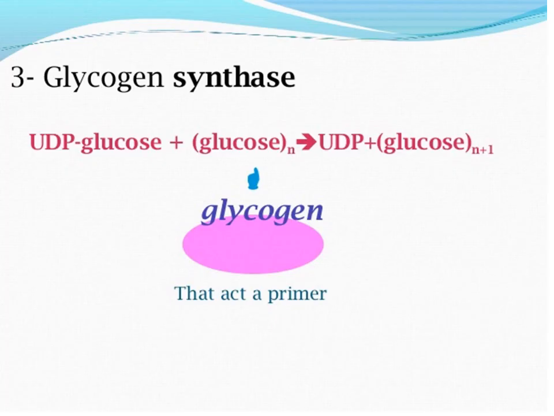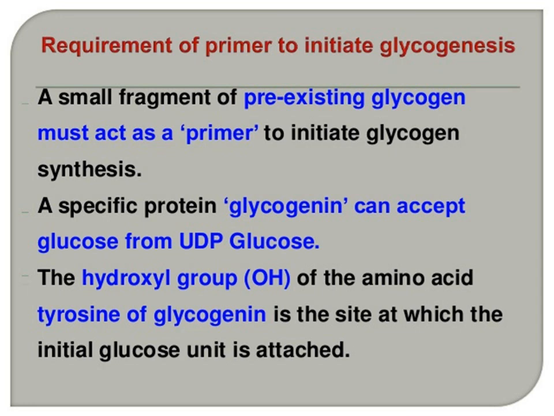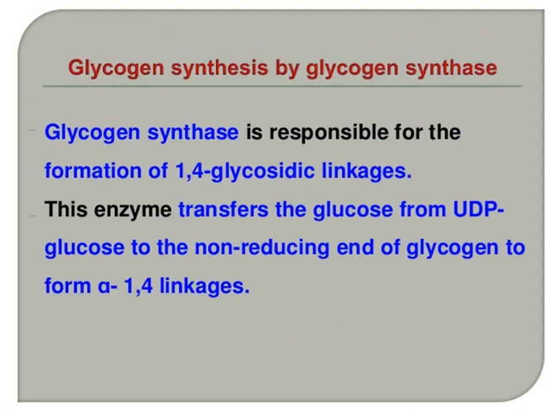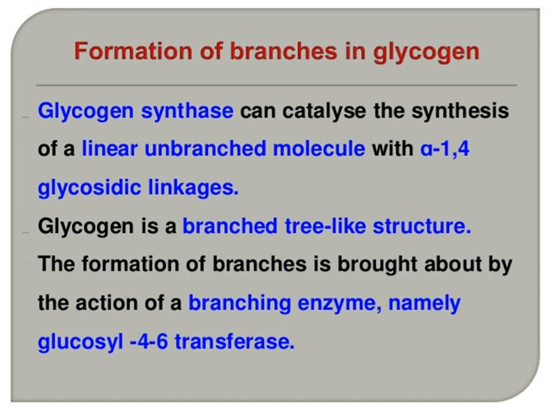This glucose can be accepted by a specific protein called glycogenin to form an alpha 1,4 linkage. Glycogen synthase can catalyze the synthesis of a linear unbranched molecule with alpha 1,4 glycosidic linkage. Glycogen is a branched tree-like structure.